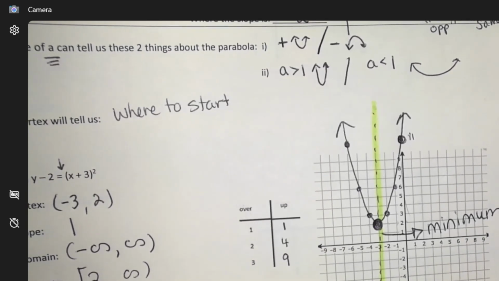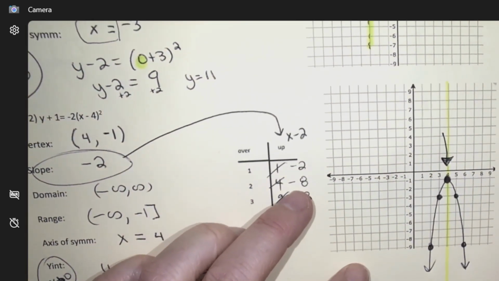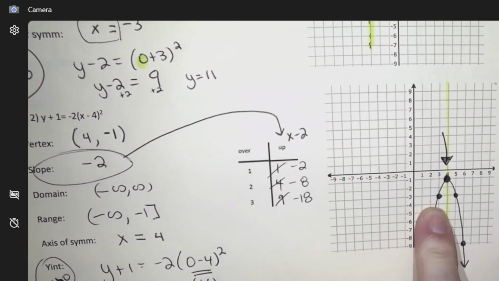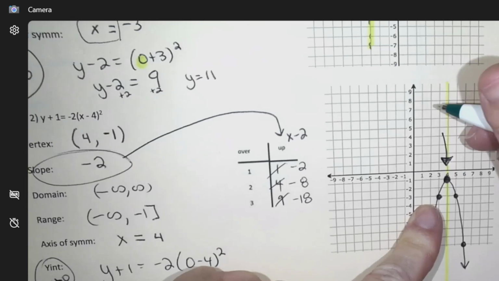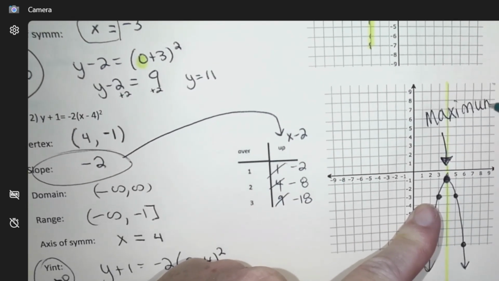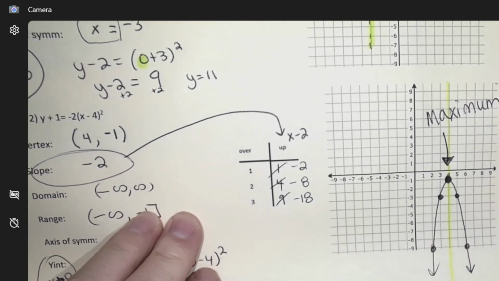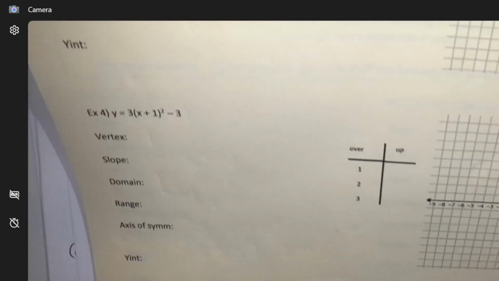And on the other example, this vertex ended up on the top, so what do you think it's going to be called? Maximum. Okay, so the vertex can either be known as a minimum or a maximum because it'll always end up either on the very bottom or on the very top. So you're going to see those words somewhere, and that's why.